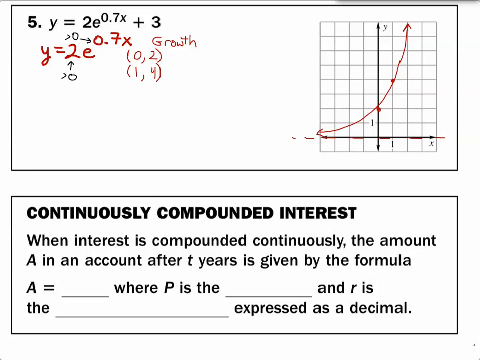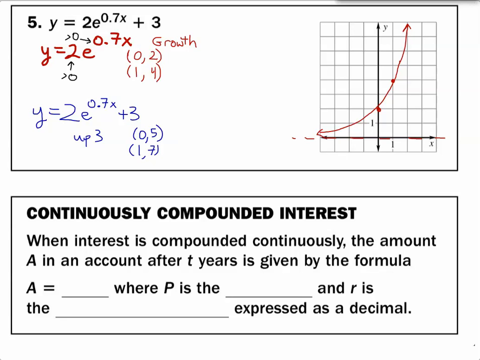Now, for the actual graph, which they asked us for, which is 2e to the 0.7x plus 3, basically we're going to move it up 3. So our points are going to be 0, well, instead of 2, now it's 5, and 1, it used to be 4, so now it's 7.